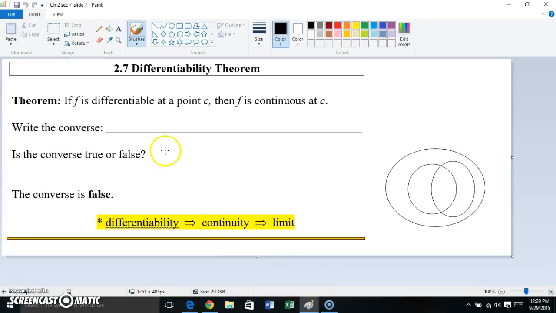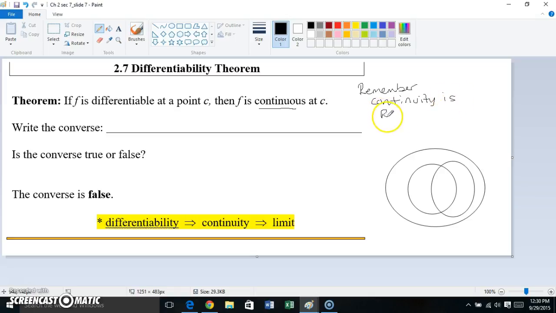All right, so taking a look at a theorem here, if f is differentiable at point c, then f is continuous at point c. Remember, continuity was a requirement for differentiability.